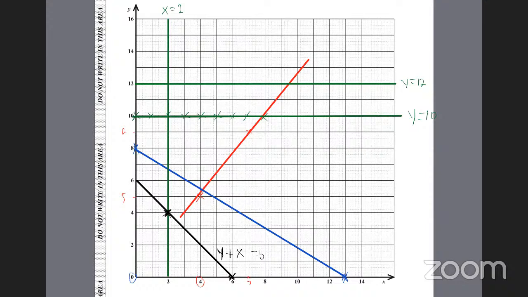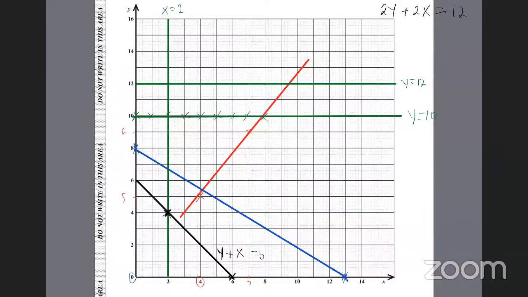Okay, and try this one here, please. Let me just make sure it will fit. Try this one, please. 2y plus 2x is equal to 12.